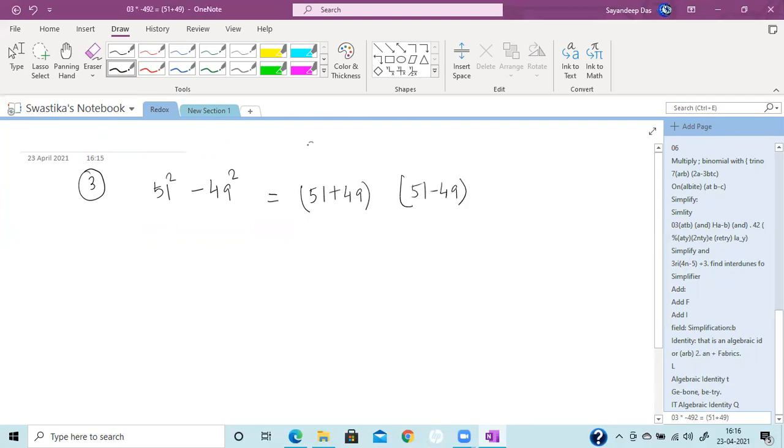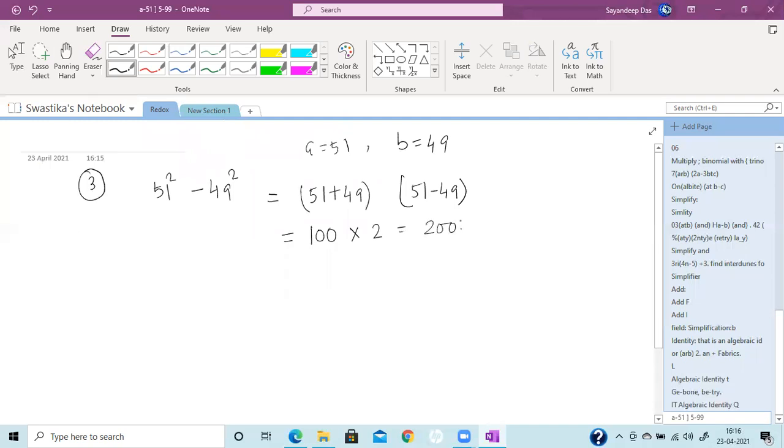Have you understood? Here a is equal to 51 and b is equal to 49. So a² − b² is equal to (a + b)(a − b). So here what you will get? 51 + 49 is equal to 100, into 51 − 49 is equal to 2. So the answer is 200.